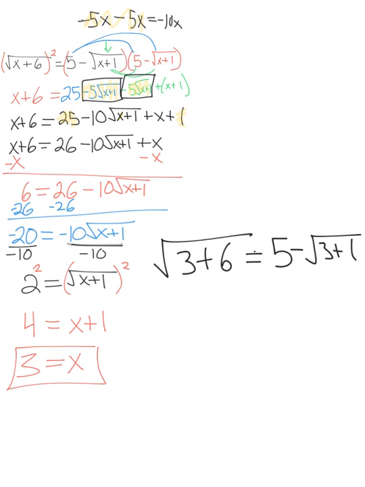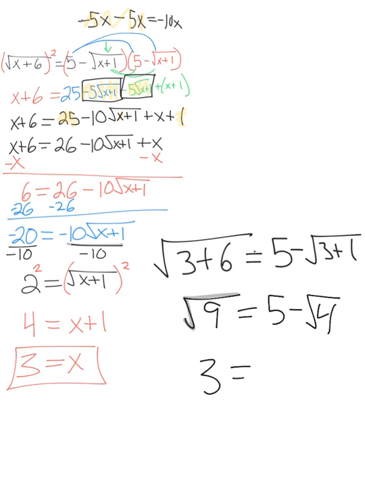So all I've done is I've just replaced the x's in our original problem with the 3. Okay, that's all I've done. And the reason is because I want to check for extraneous solutions, or solutions that don't make sense when we check them. Okay, so we have the square root of 9 equals 5 minus the square root of 4.